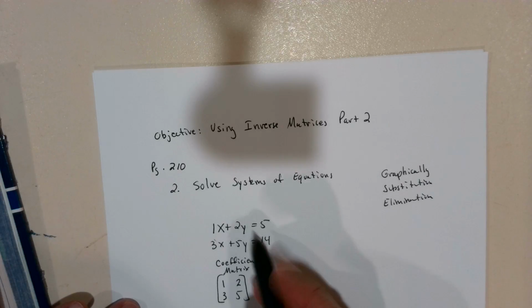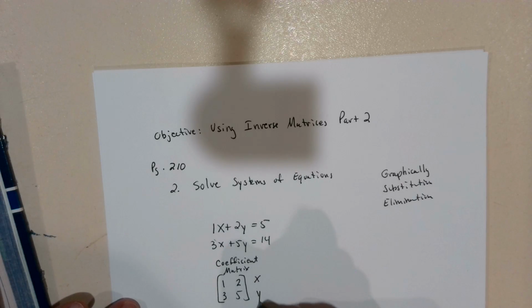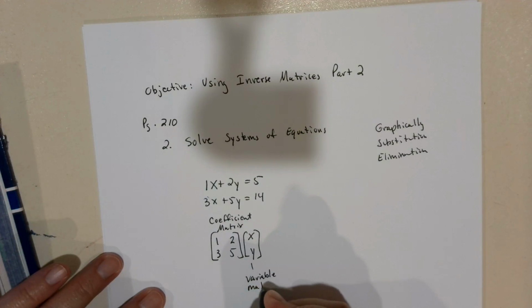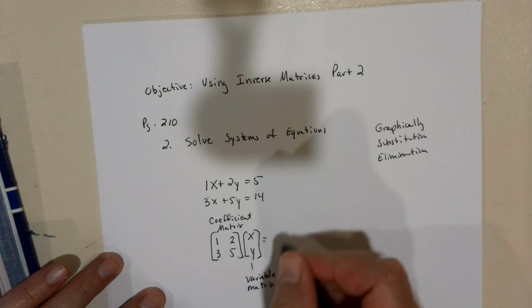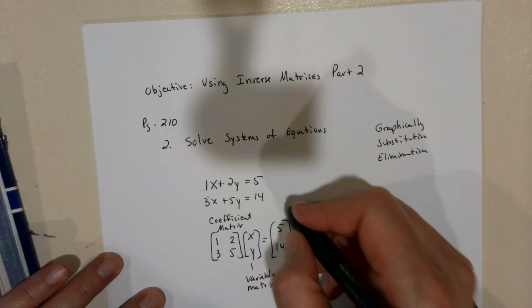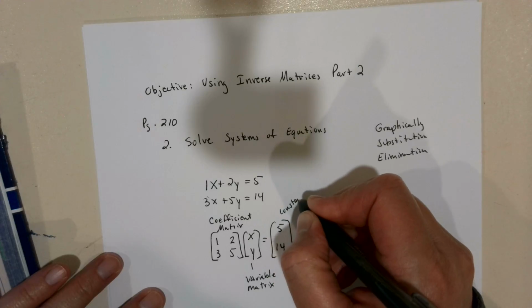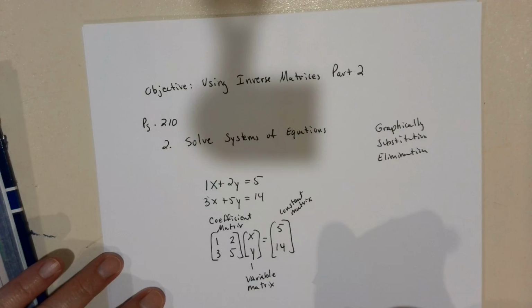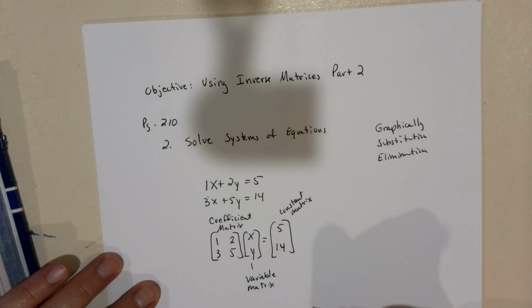And we're going to take x and y and stack them, and this is our variable matrix. And then we're going to have our equal sign, and then the 5 and the 14 make up our constant matrix. And then it looks very similar to the problems in our other video, only instead of just a big X right here, we have X and Y.